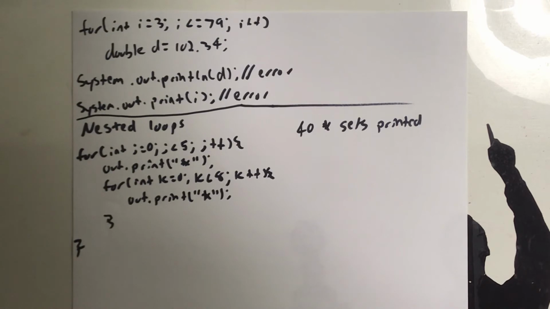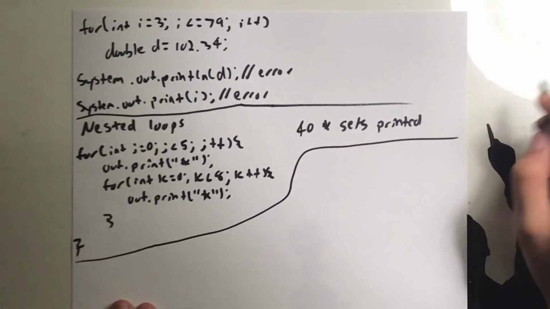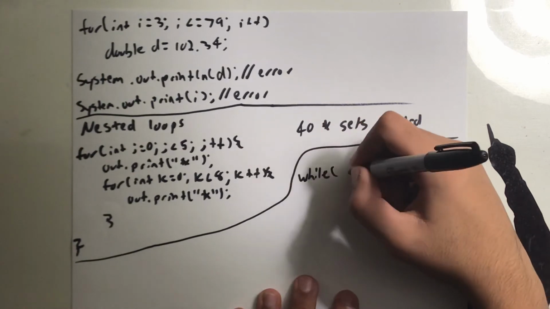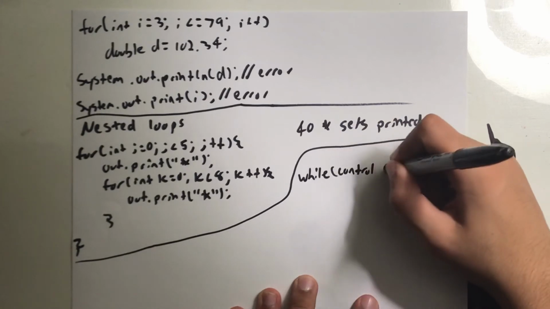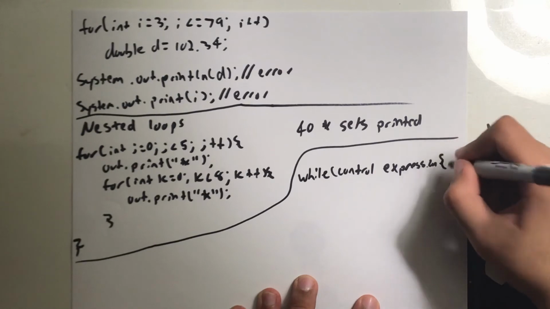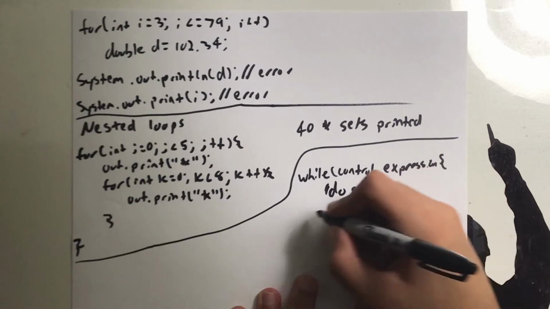Let's see. The next ones, we have while loops and do while loops. It's actually not that hard. It's like the way you see it, I mean, it just makes sense. For example, just do this: while, control expression, do some code, and finish that.